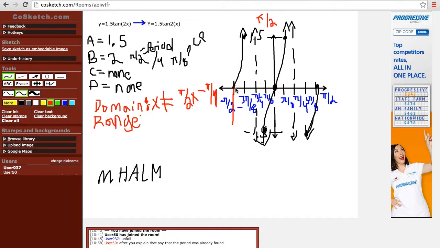For the range, you know that it's all real numbers, because the 1.5 is not the highest point. It's just telling you for the pattern how it's going to be.